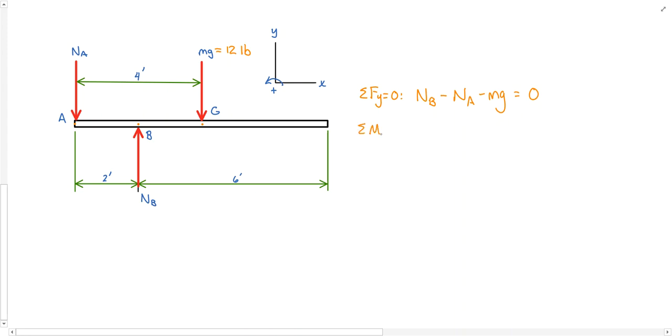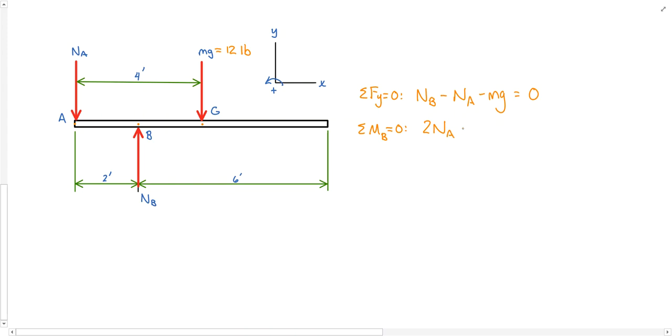And then I could take some of the moments. We could do any point we want. Let's start off with the sum of the moments around B equal to 0. So we called counterclockwise positive. So the normal at A is going to make a positive moment around B through a 2-foot moment arm. So we have 2 times NA. And then mg happens to also be 2 feet away from point B, but it's on the opposite side.